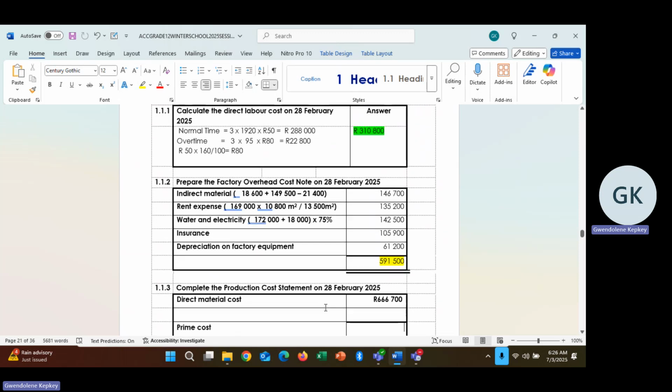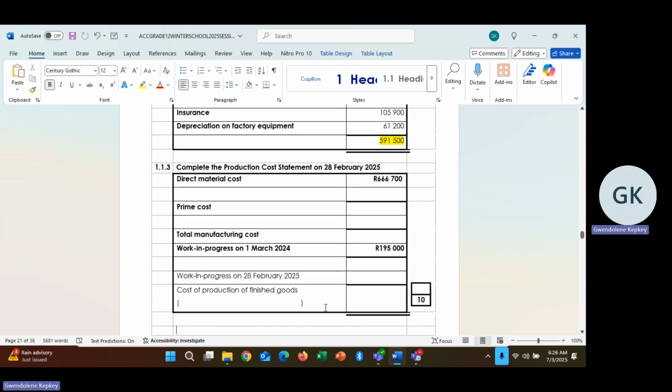At this point in time, we need to complete the production cost statement. Can we, for now, at least just go and fill in the figures that we can take directly from here. Remember the format. Over here, we know we're going to put in my direct labor, and in here, I'm going to put my factory overheads.